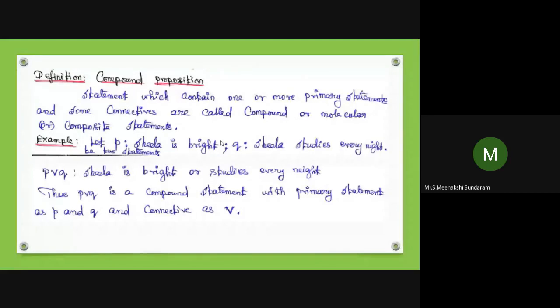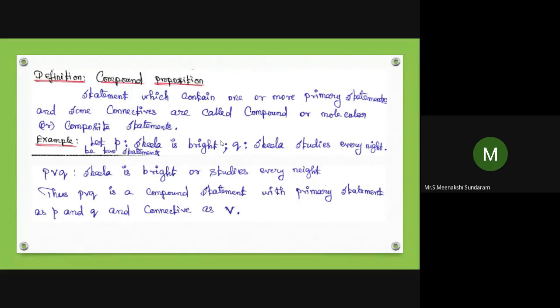Now, a compound proposition is a statement which contains one or more primary statements, that is simple statements, and some connectives used to connect the simple sentences. These are called compound, molecular, or composite statements. For example, let P be Sheila is bright, and Q be Sheila studies every night. These two are statements. I would like to use the connective disjunction, whose symbol is V. P disjunction Q: Sheila is bright or studies every night.